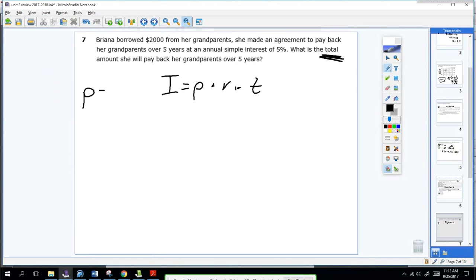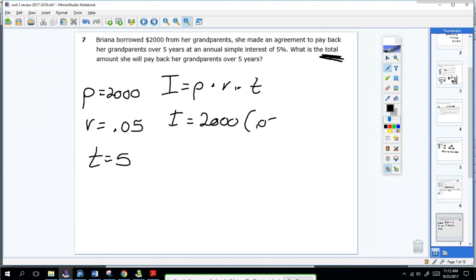So my P is 2,000. My R is 5% or 0.05. And my time is 5. So I'm going to plug this in. So you get I equals 2,000 times 0.05 times 5.